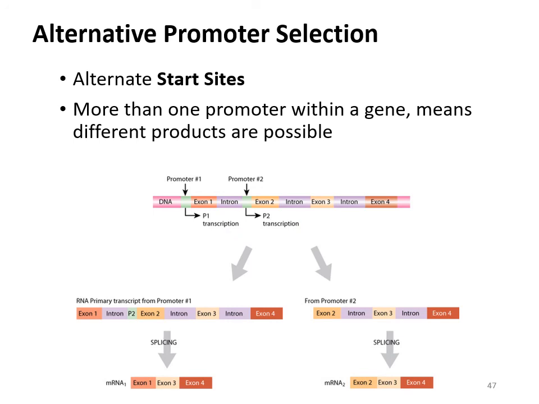And each exon is what goes toward coding the amino acids to make protein eventually.